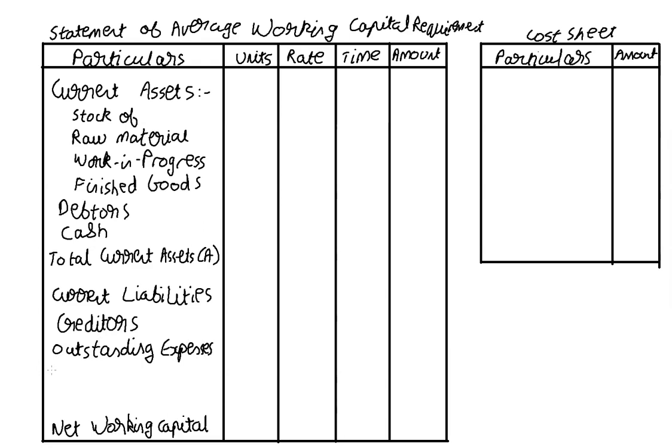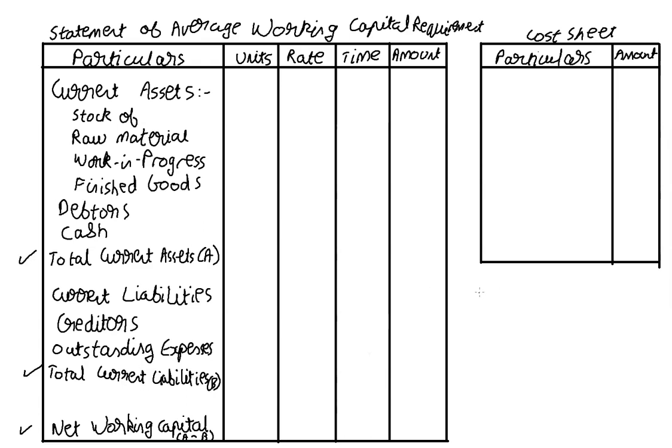Once we're done with that, we get total current liabilities, which we'll take as B. Now, total current assets minus total current liabilities gives us net working capital, and therefore we can consider net working capital as A minus B.